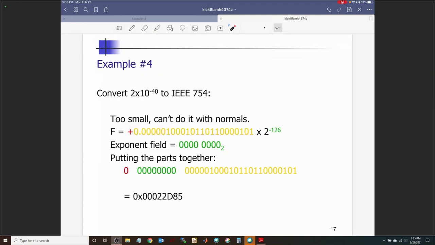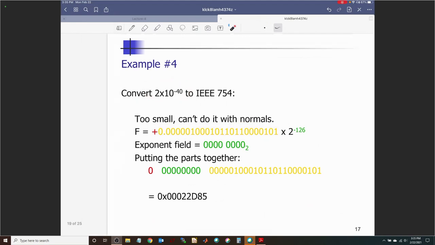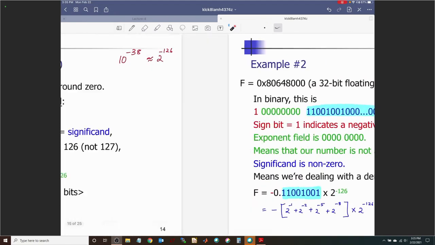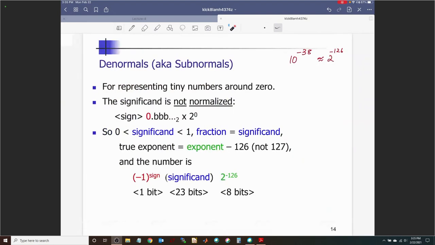Now the question is, how do you go to this from this? Well, here is the answer. The number is obtained by multiplying by 2 raised to negative 126. So if I want to find the significand field itself, so that I can find the 23 bits for significand, then I need to divide it by 2 raised to negative 126 to get that value.